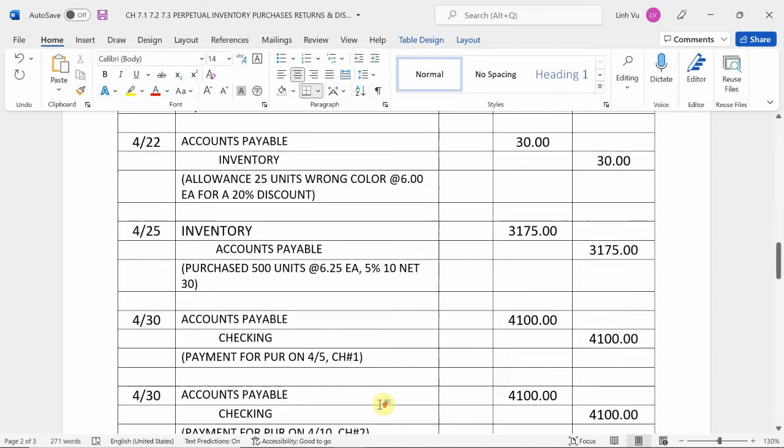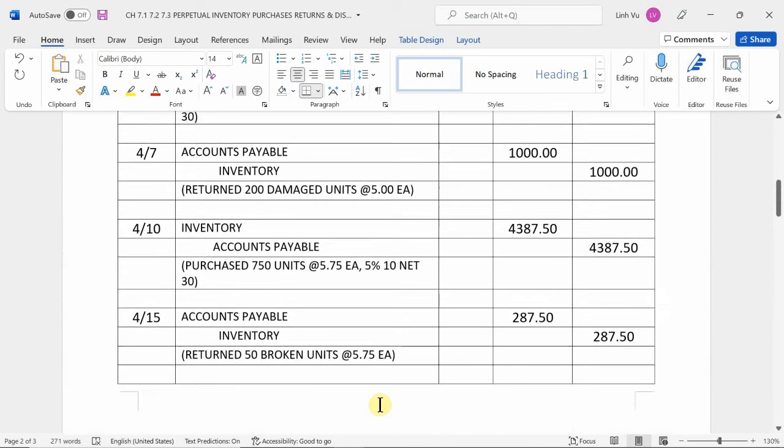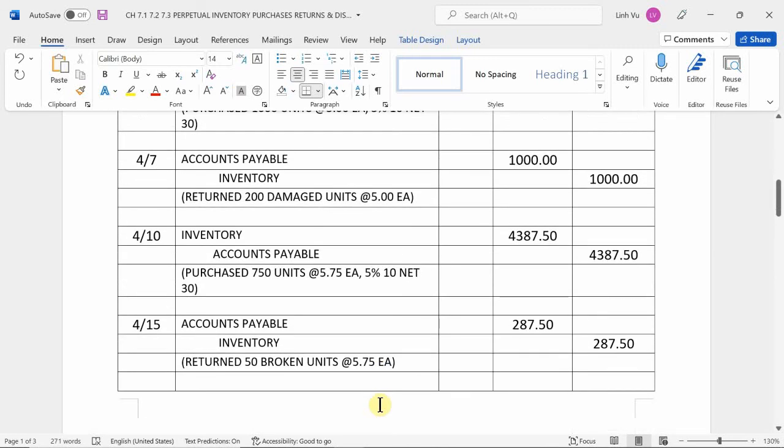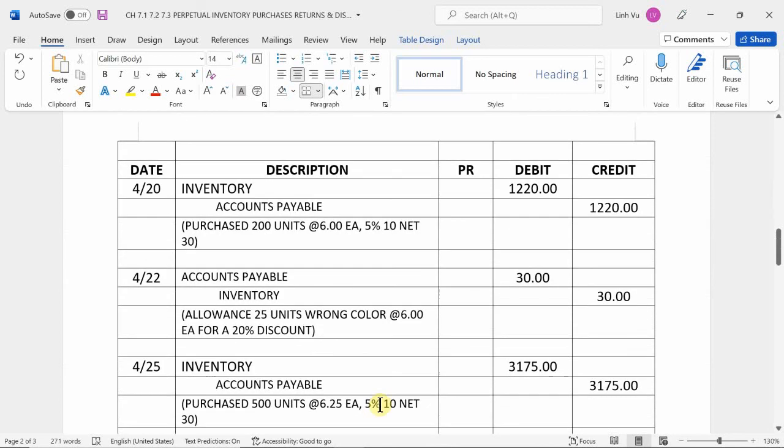So in this case, I also have to recognize my discount. I have to take 5% off. How many items did I purchase? So it would be 500 times 625 times 5%.